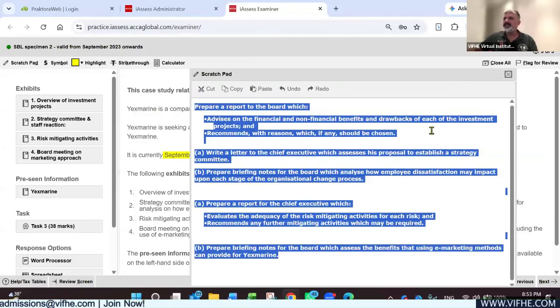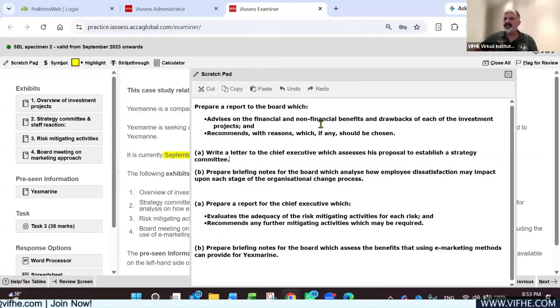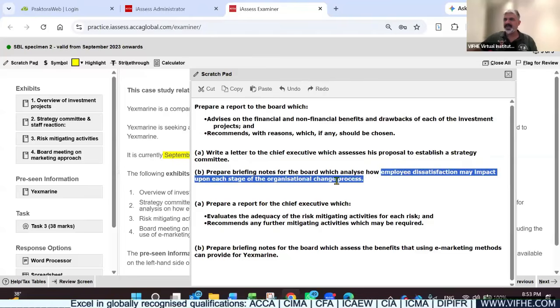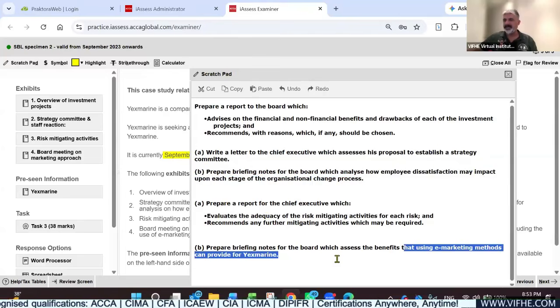So I know that the first task is to advise on the financial and non-financial aspects of each of the investment projects. Task number 2 is a proposal to establish a strategy committee. Then task number 2B is employee dissatisfaction and change process. And then risk mitigation. And then marketing methods.